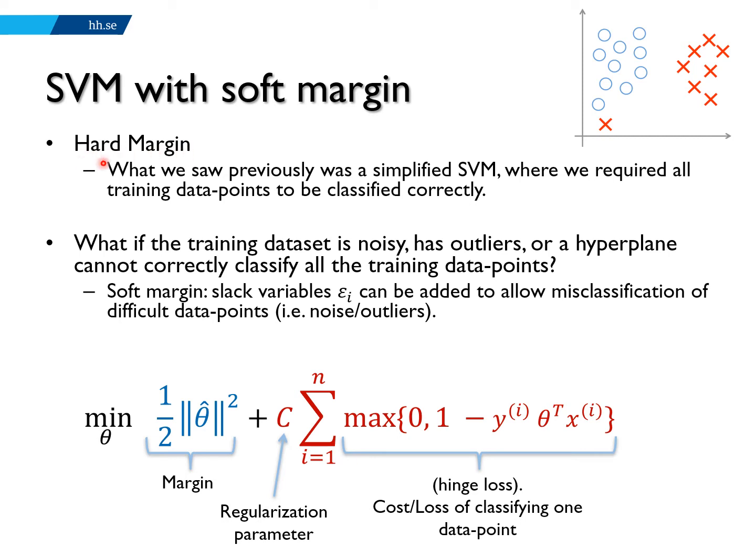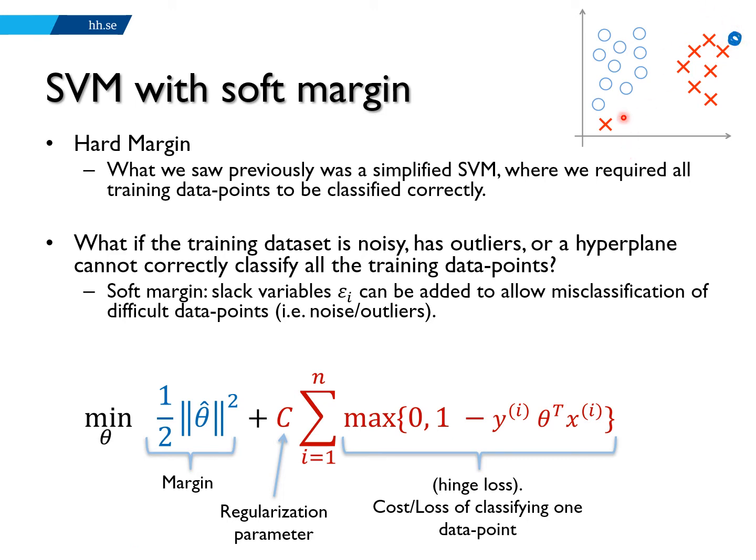Again, what we saw previously was a simplified support vector machine where we wanted all the training examples to be correctly classified. But this is not always possible because the dataset can be noisy, it can contain some outliers, and sometimes it's not always possible to correctly classify all the training examples with a linear classifier. For example, suppose that you have a data point here which belongs to the blue class, right?